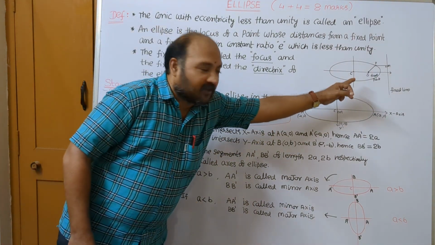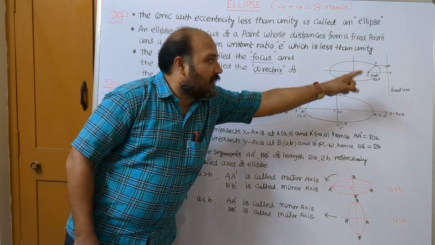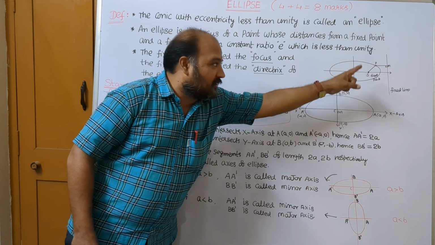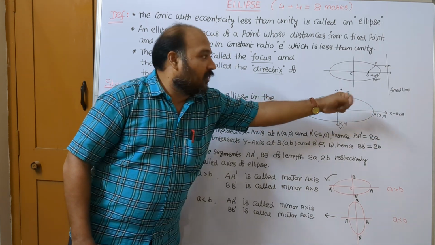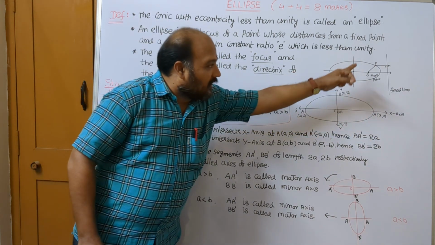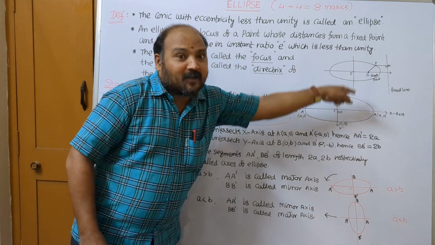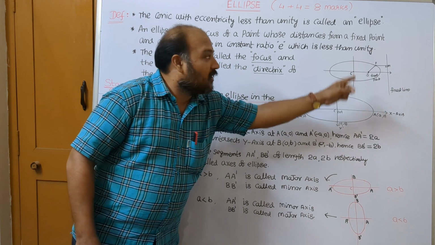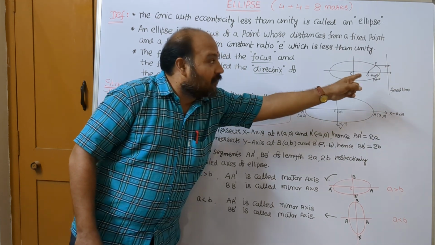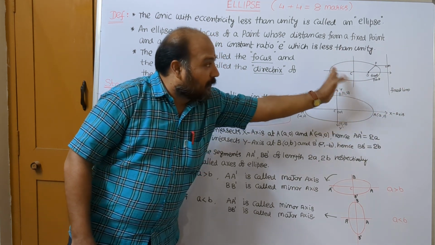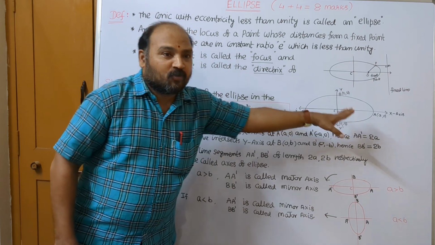S is the fixed point here, and the fixed line, observe the figure clearly. SP is the distance from the fixed point to the point P on the conic, and PM is the distance from point P to the fixed line.